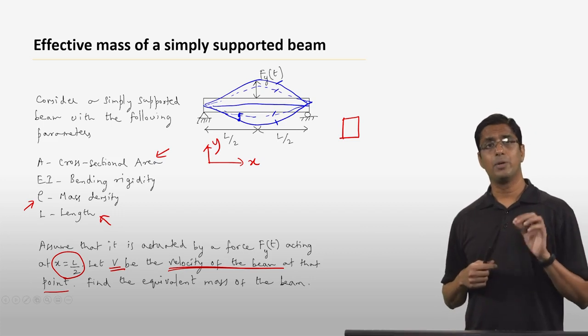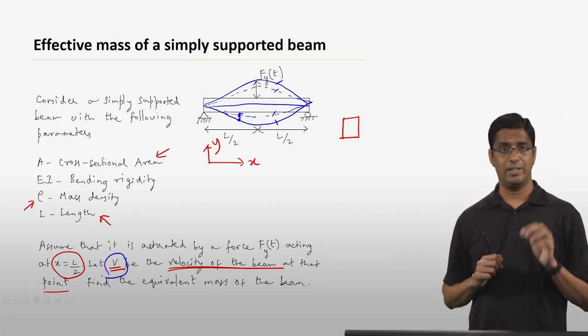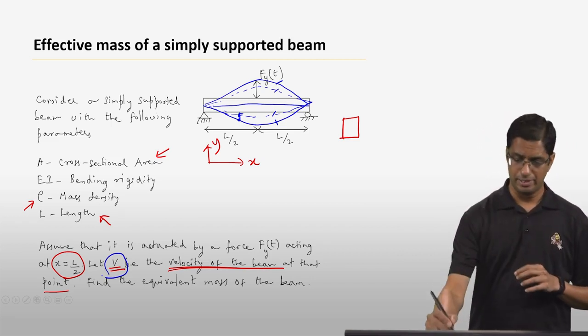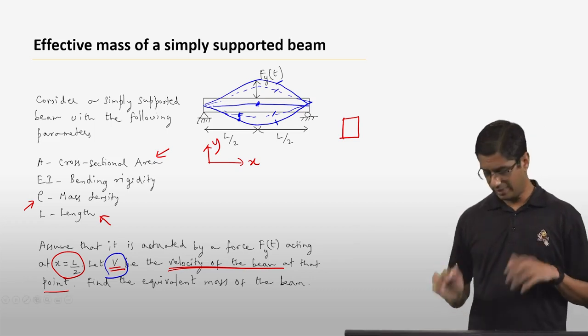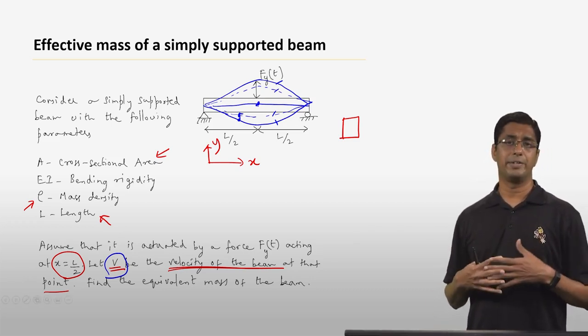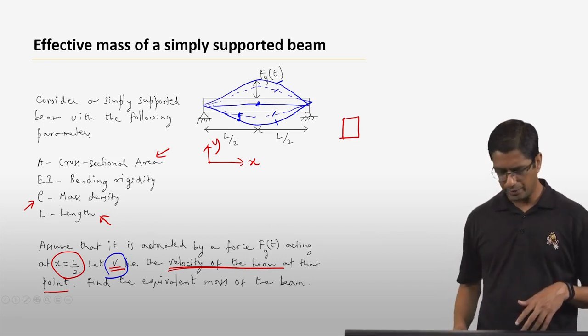Now we are looking at the velocity at a specific location, and that velocity is v, defined at the midpoint of the beam, which is here. So that is how we set up the problem. And given this particular configuration, how are we going to find the equivalent mass of the beam? That's what we're going to find out next.